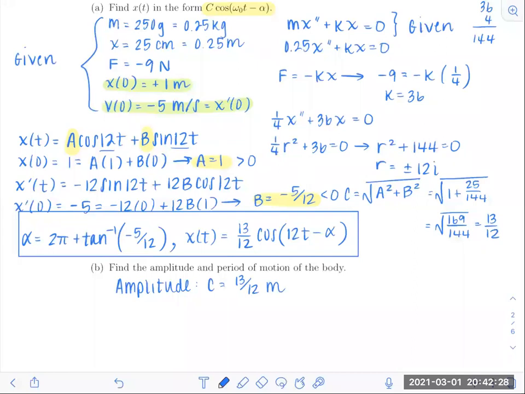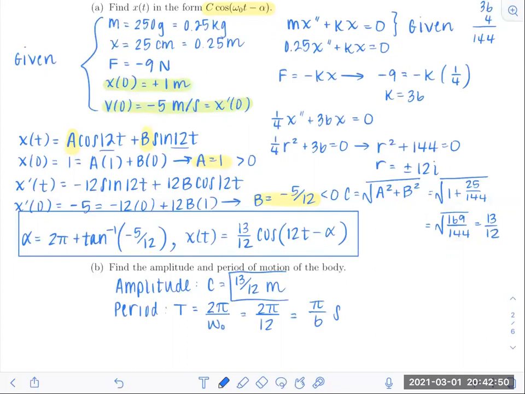And then we also want to find the period. The period is denoted by capital T. And remember, that's going to be 2 pi over omega naught. So that's 2 pi over 12, which is pi over 6 seconds. All right, so amplitude and period.